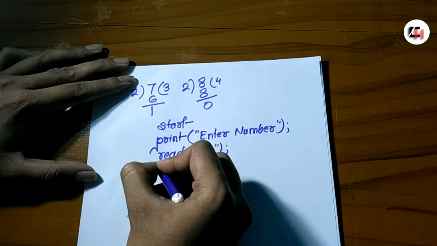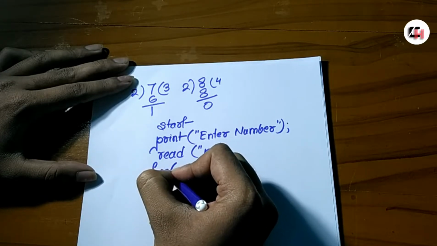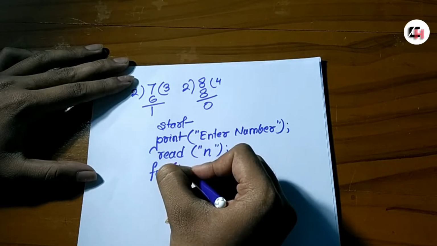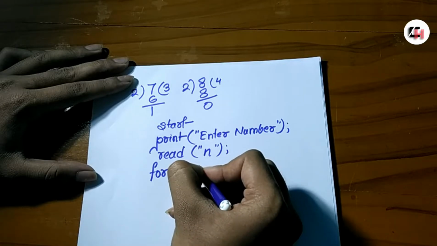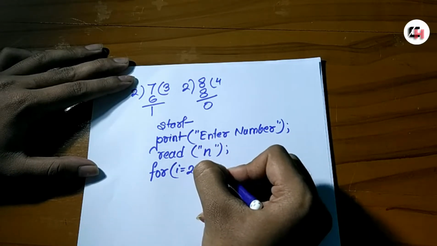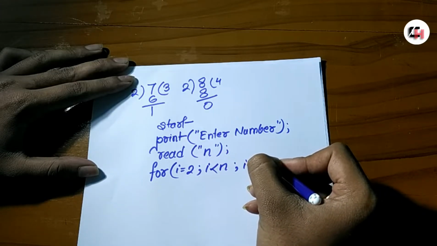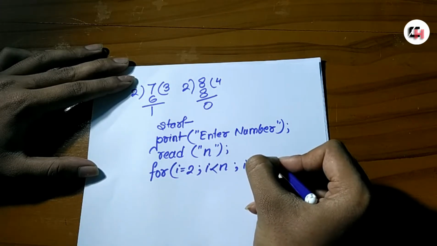For that we will have to take one loop, and I take the for loop. Here we will take one variable i, and the initial value of i will be 2, and that loop will continue up to i less than n, and the value of i will increment after each execution of the loop.